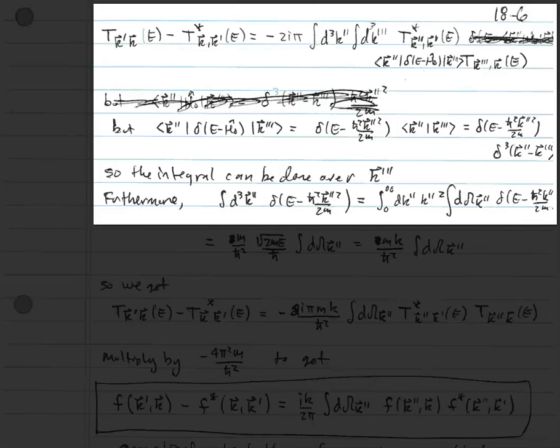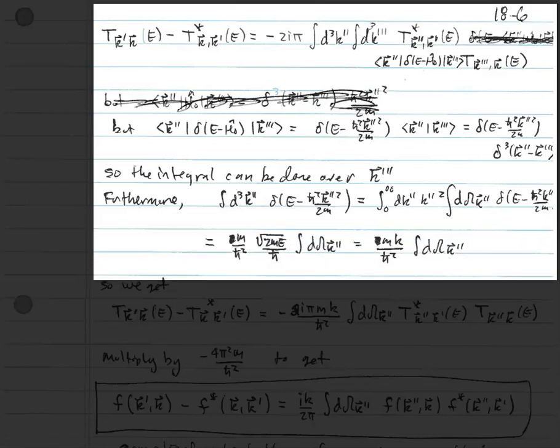Furthermore, for the integral d cubed k double prime of a delta function with this energy difference, I'm going to go to spherical coordinates and write that as an integral from 0 to infinity dk double prime k double prime squared, integral d omega k double prime, those are the angular parts, delta function of e minus h bar squared k double prime squared over 2m.